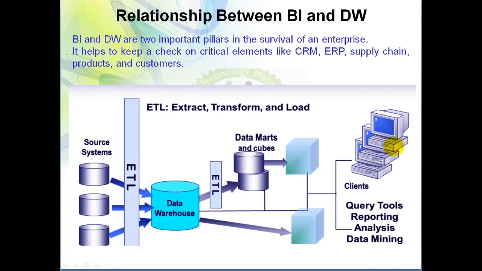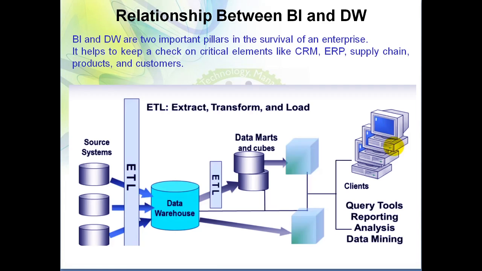From that data warehouse, data marts are there, data cubes are there. I just told you data mart and data cube are subsets of the data warehouse. A data warehouse is very huge in size and a data mart is a small part of that particular data warehouse. And finally there is BI which is responsible for visualizing your data in an appropriate format. So this is how the relationship between data warehouse and BI exists.